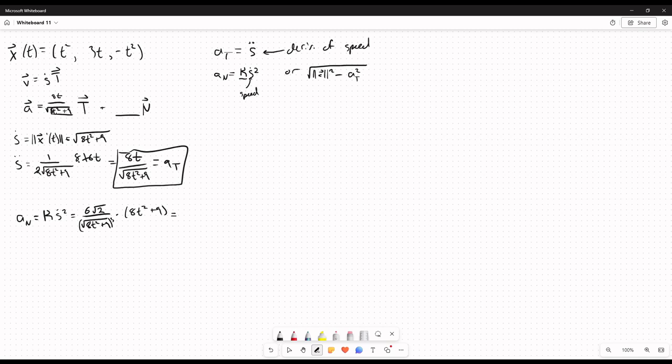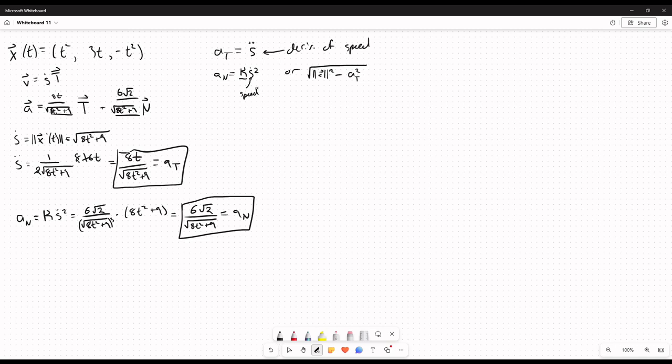And when we simplify that out, that's going to be 6 square root of 2 over just the square root of 8t squared plus 9. And that should be our normal component of acceleration.